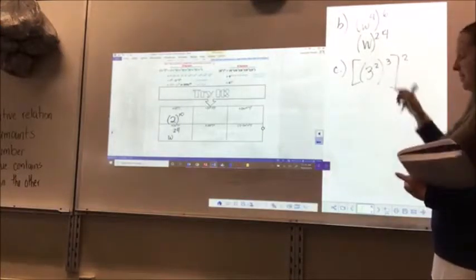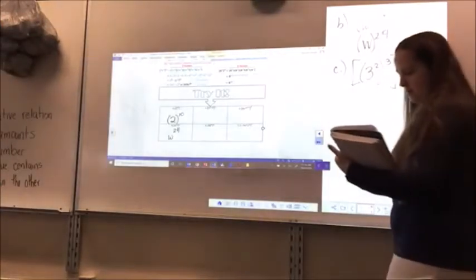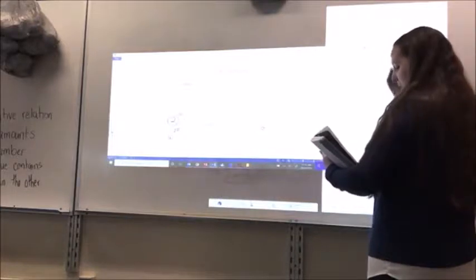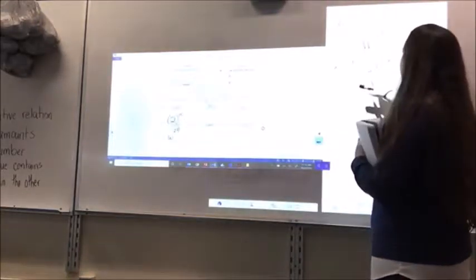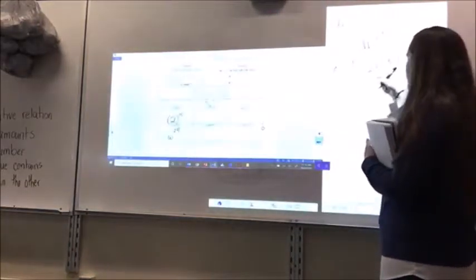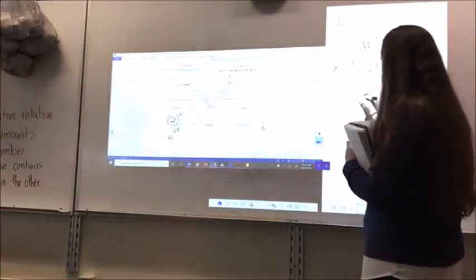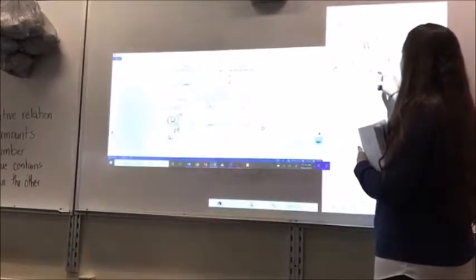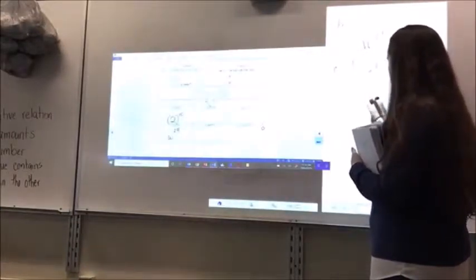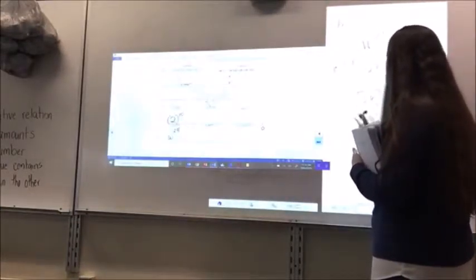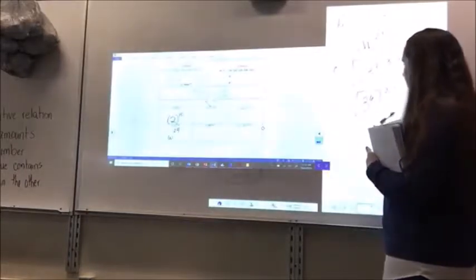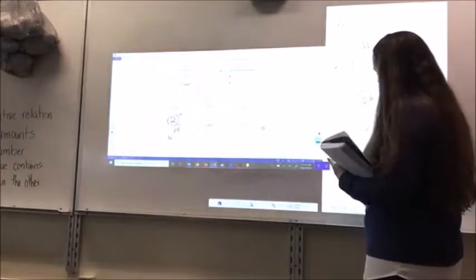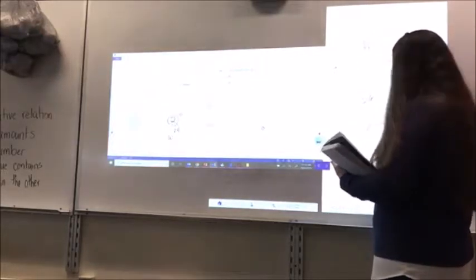So 3 squared cubed is 3 to the 2 times 3, which is 6. So this gives me 3 to the 6th power squared. 6 times 2 is 12, so I get 3 to the 12th power, which is really 531,441.